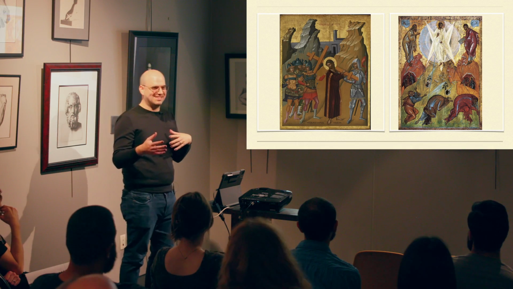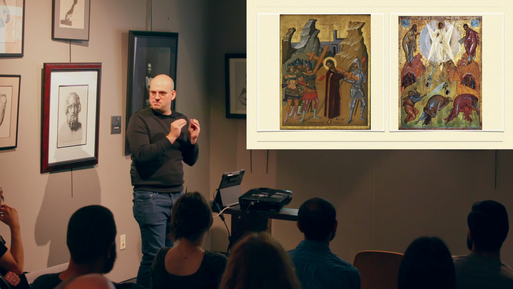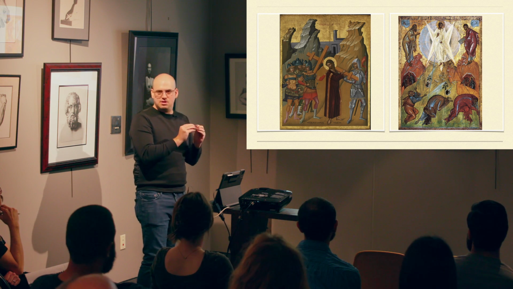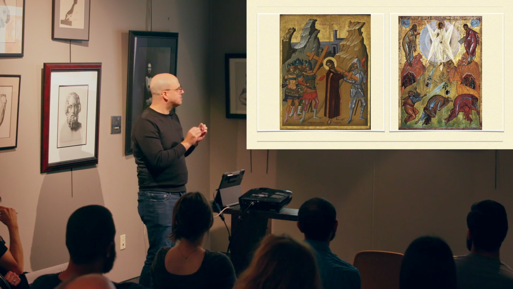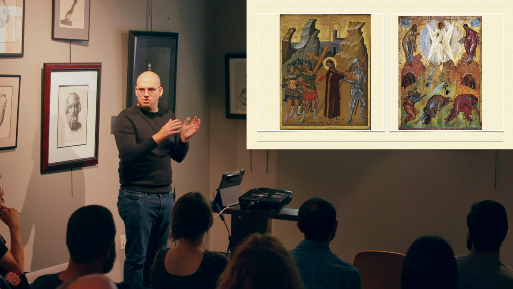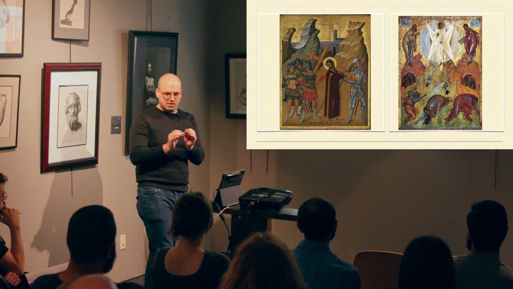So there's a certain sense of realism that is suspended because the aims of these paintings are not to be an illusion of three-dimensionality. These are to take you out of your common day space, to be in another world, and to help focus the mind in prayer. So the aims are slightly different.